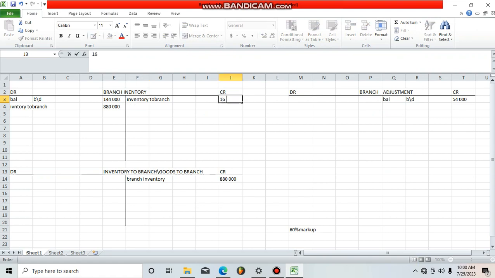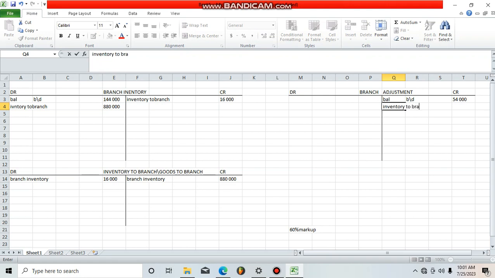Right, so it comes here as what? The branch inventory, 16,000. So the same goods that were received by the branch must be recorded on this side as the branch inventory to branch.